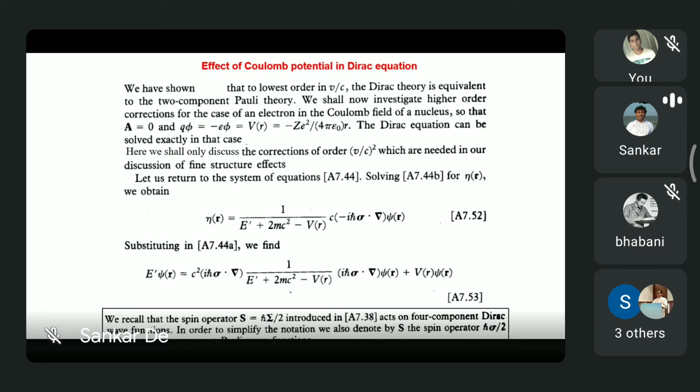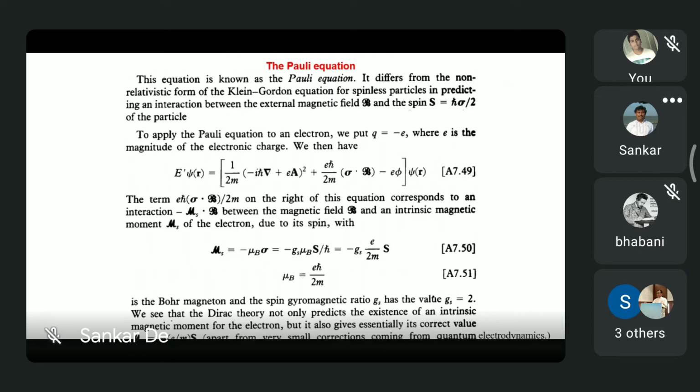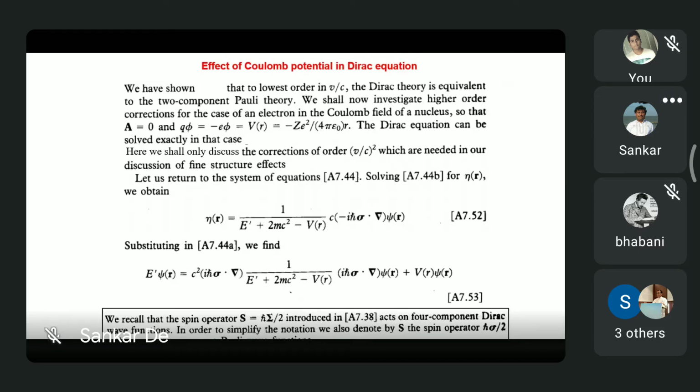So this is just the zero level correction that you know. Now we introduce the higher order corrections in the v square by c square term. For that, instead of a general central field, we now put in the exact Coulomb field of the nucleus, which is also a central field, but slowly we are moving towards solving our hydrogen atom problem.